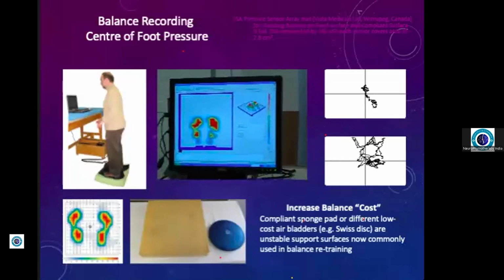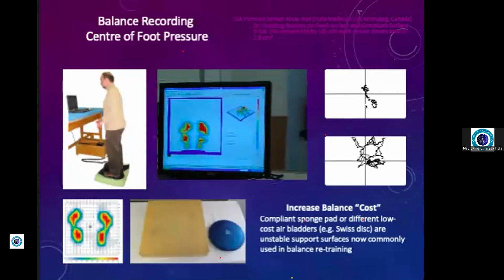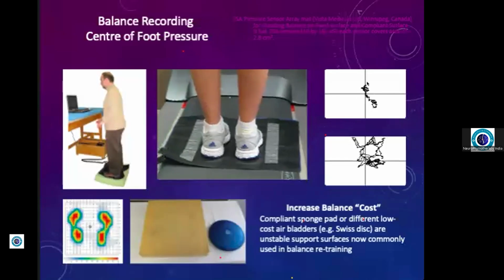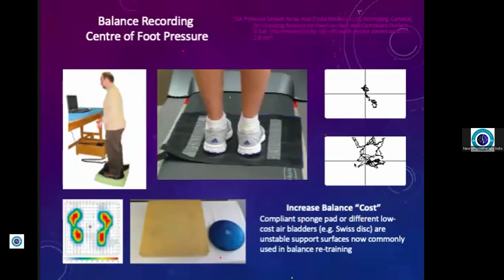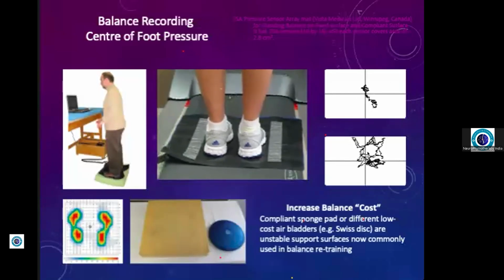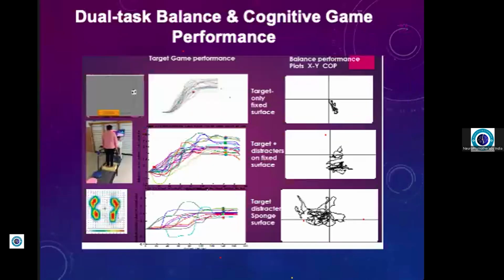On the right side of your screen, you're seeing the center of foot pressure from standing still versus when I start playing the game, it starts looking kind of like a spider. That also would change if I'm standing on a sponge or on a balance disc as opposed to the ground.